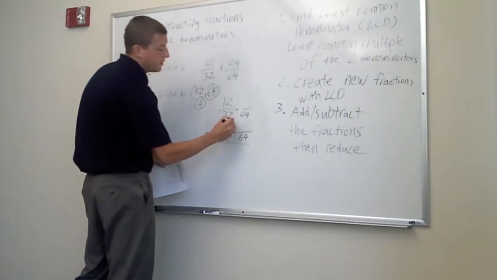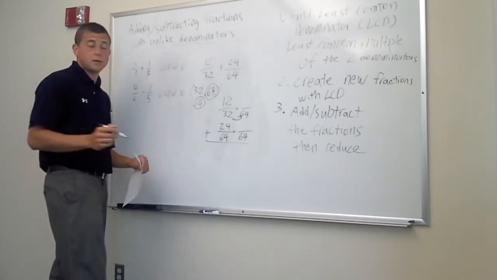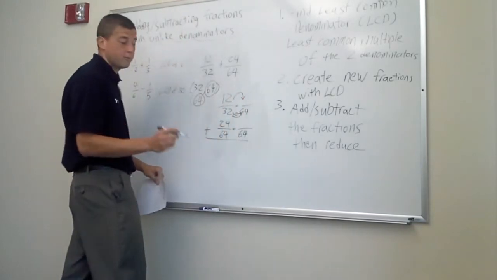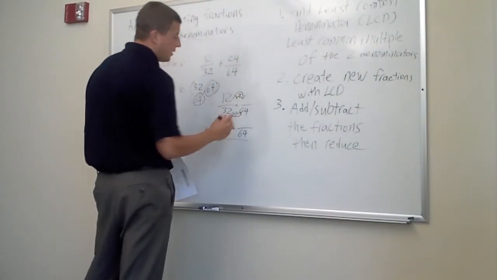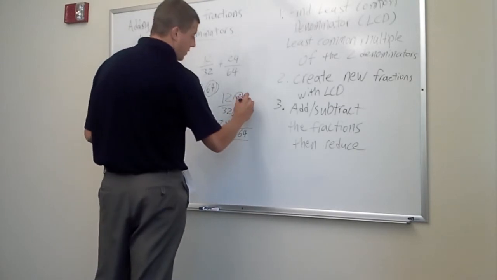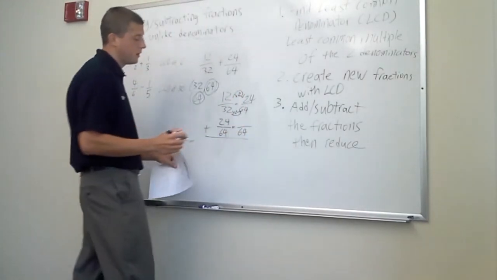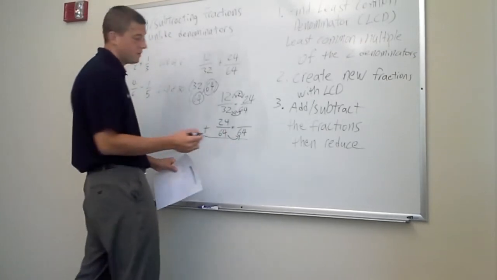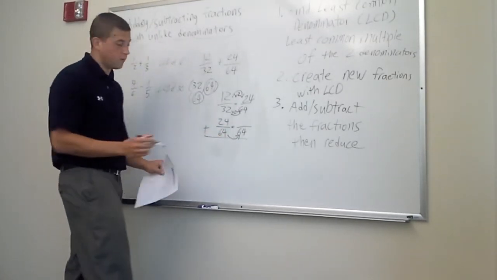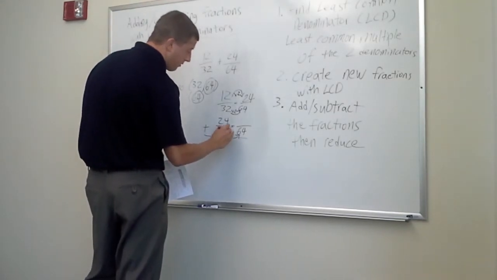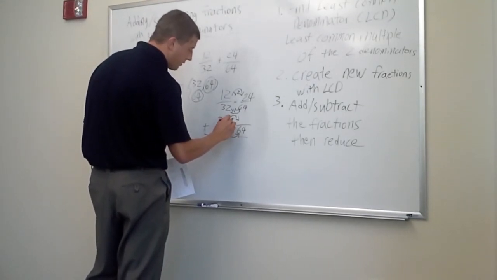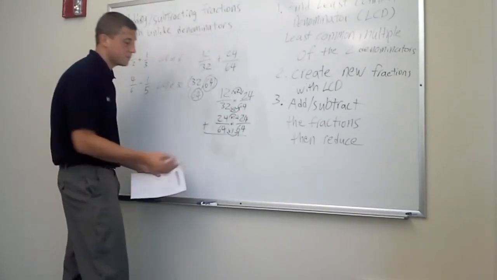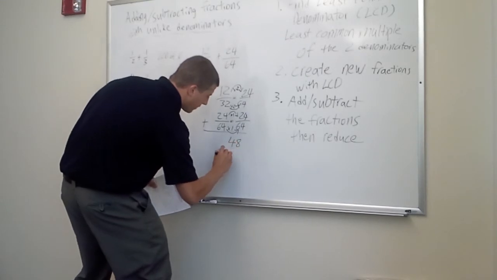So what do we have to multiply 32 by to get to 64? 2, right? Now what do we do to the numerator? Also multiply it by 2. What's 2 times 12? 24, good. And 64, what do we have to do to get that to 64? What do we have to multiply it by? Just 1, right? Because it's already at the number we're looking for. So we do the same thing to the top. And we end up with 48 over 64.